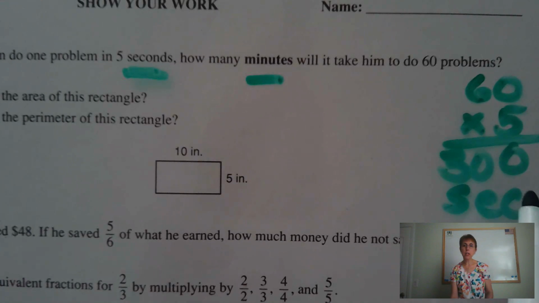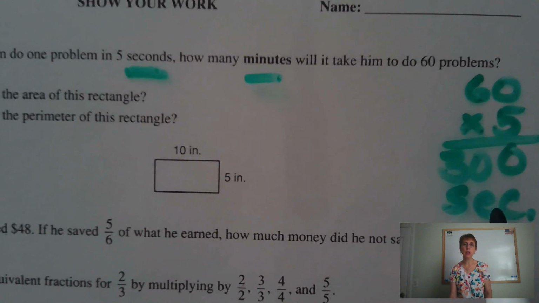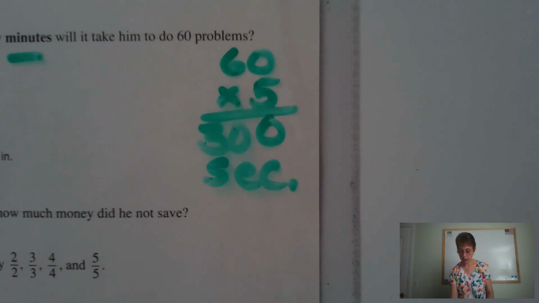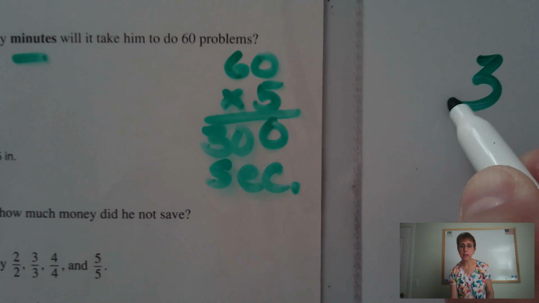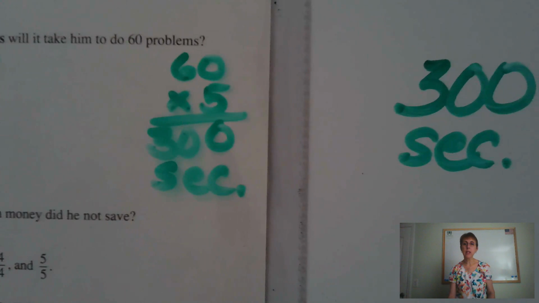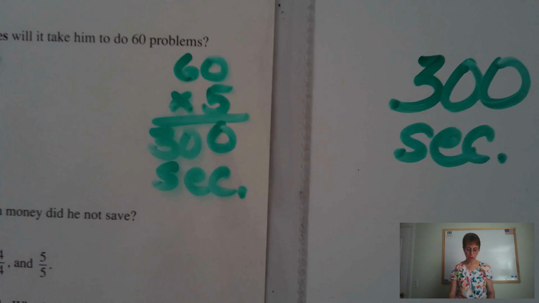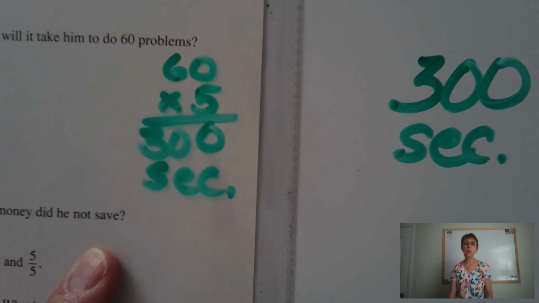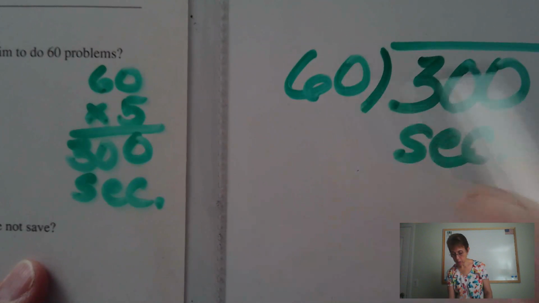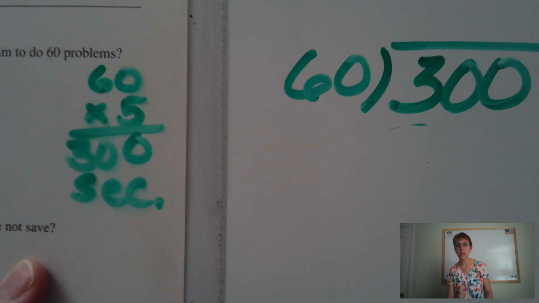So now we're going to convert, or change, those 300 seconds into minutes. We're looking to change 300 seconds into minutes, and you need to know that there are 60 seconds in every minute. So you would take this 300 and divide by 60.